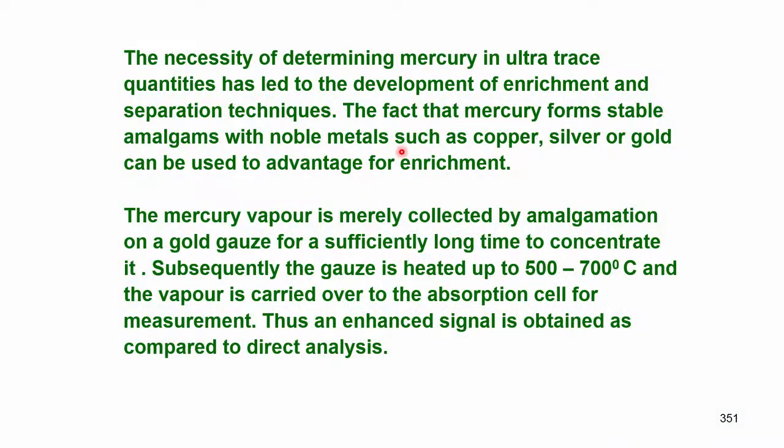So, the mercury vapor is collected by amalgamation on gold gauze for a sufficiently long time to concentrate it. Subsequently, the gauze is heated to 500 to 700 degrees and the vapor is carried over to the absorption cell for measurement. Once you heat the gold piece, all the mercury will get released and the gold will become fresh, ready for another analysis, and the mercury is transported to the atomic absorption system.